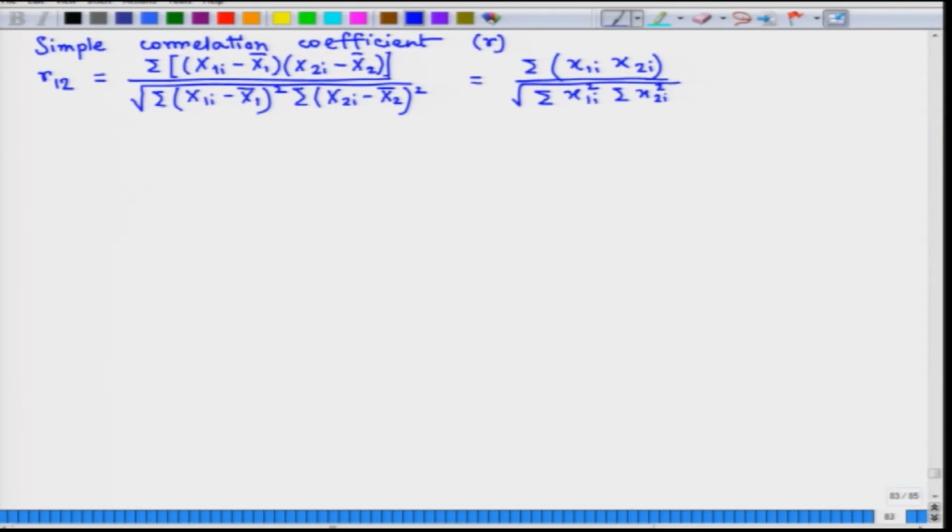Okay. So, now note that this R can take two extreme values.